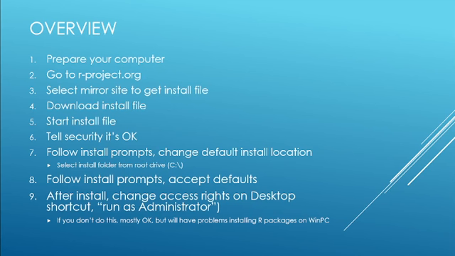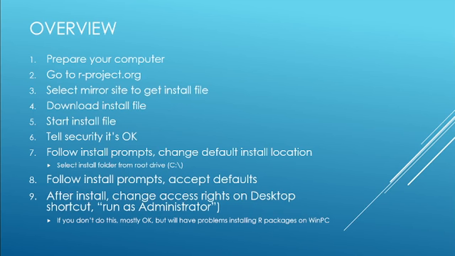So the simplest solution is right off the start to install it into the root drive, in which case you'll be able to install packages by simply accepting administrator prompts, and you'll be good to go. Okay, so again, that's the only thing that we really need to change: the install location.